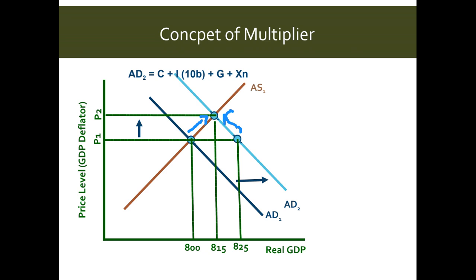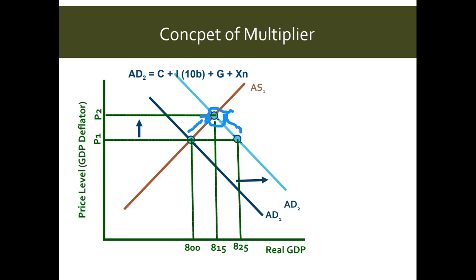So these two points will eventually move to this new equilibrium. Aggregate demand will decrease because of the increase in price. Aggregate supply will increase because of the increase in price. And eventually the equilibrium is reached at 815. So the multiplier effect does work here, moving aggregate demand to 825. But why is this country producing $815 billion worth of goods and services, and not 825?